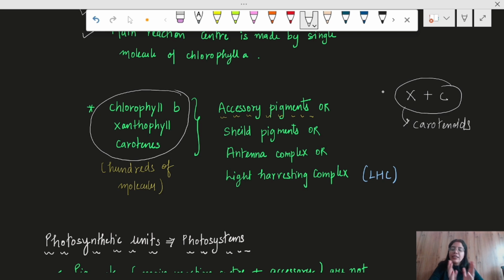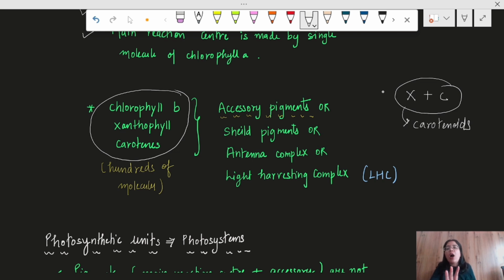Okay, and this light harvesting complex is also called antenna complex, shield pigments, and these pigments are also called accessory pigments because they help in photosynthesis. They actually don't do photosynthesis directly. They help the main reaction center pigment, right? Main reaction will be done by chlorophyll A. These three help it to do so, right?